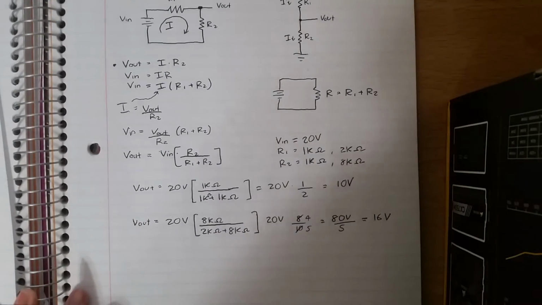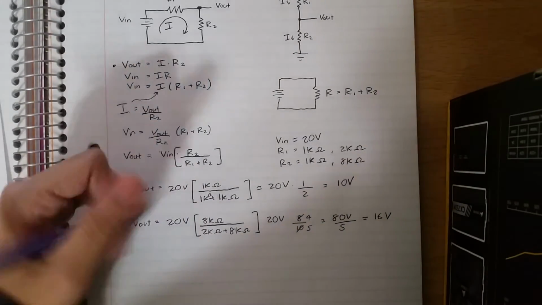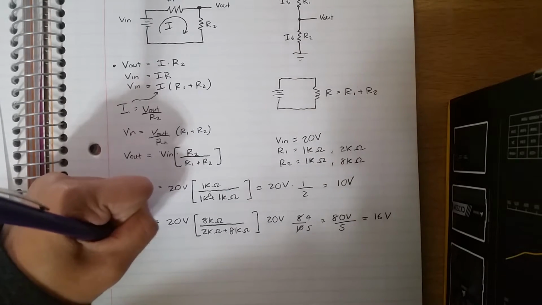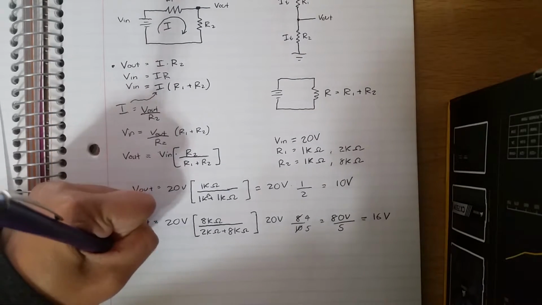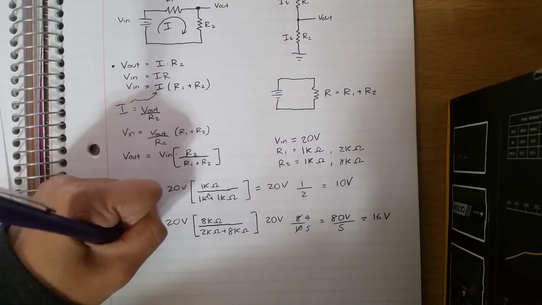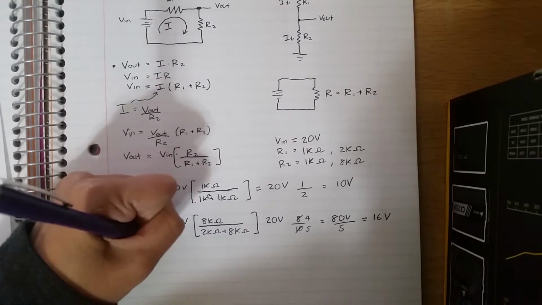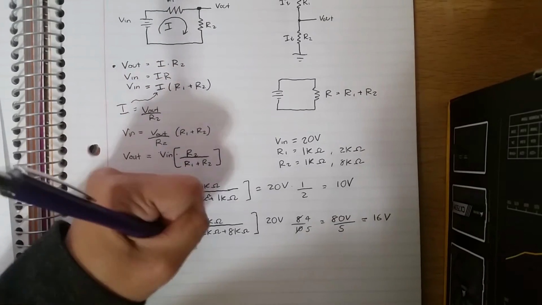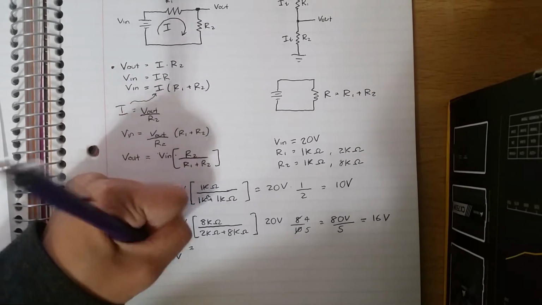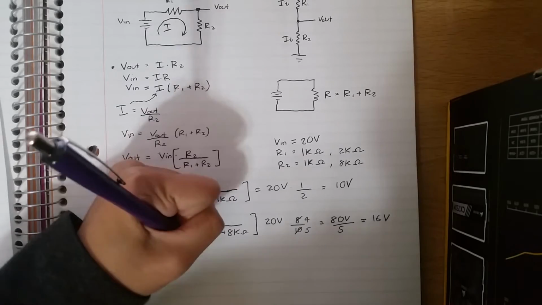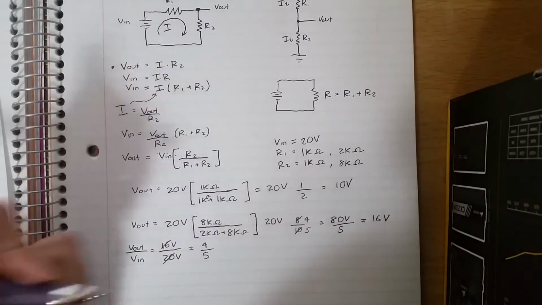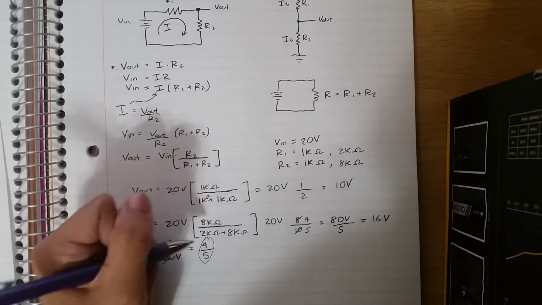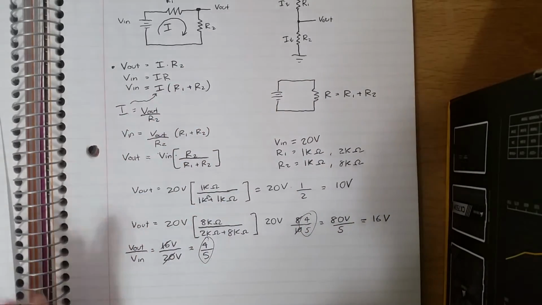Now I want you to see that this is V out. So V out over V in was 16 volts over 20 volts, which when you do some cancellations, equals 4 over 5. Whoa, does that ratio look familiar? It's that same ratio over here.